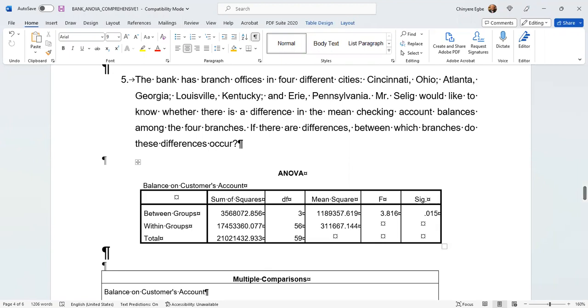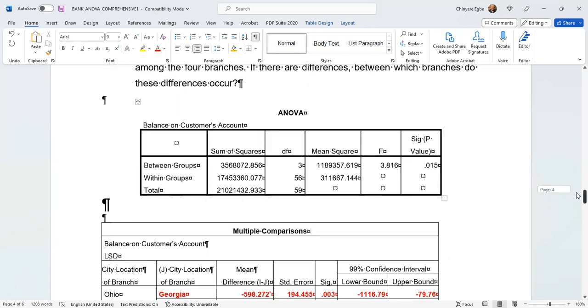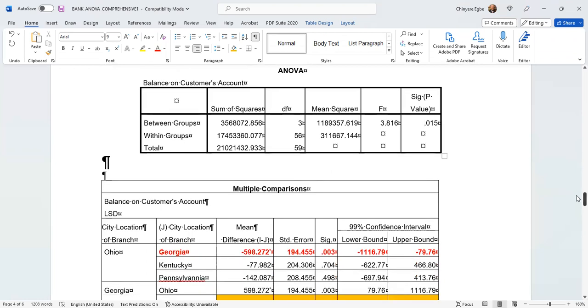I'm going to call it the p-value so that we can keep things in our heads. We have the p-value at 0.015. And since this p-value is less than your level of significance, of course, you reject the null hypothesis, and you conclude that the average balances for customers is not the same for all branches.